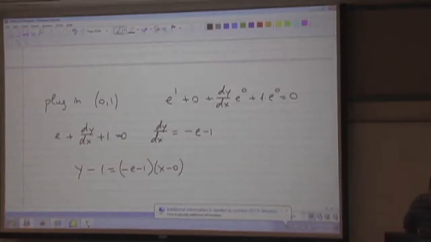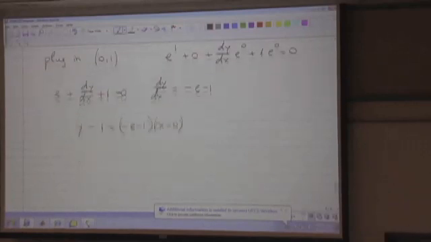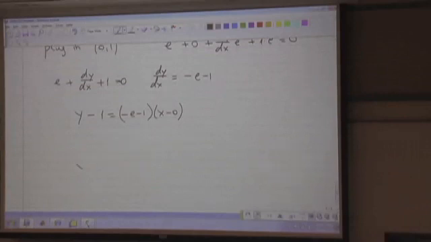Something raised to something else. How do you take it? Logarithmic differentiation. The only way to do it is to apply ln to both sides and take implicit differentiation. So y equals x to the cosine of x. As a first step, you say ln of y is equal to cosine of x times ln of x.